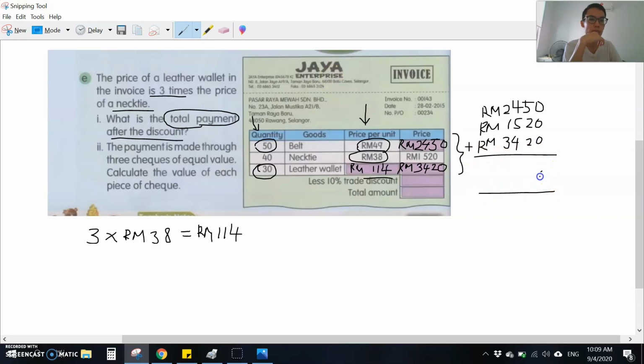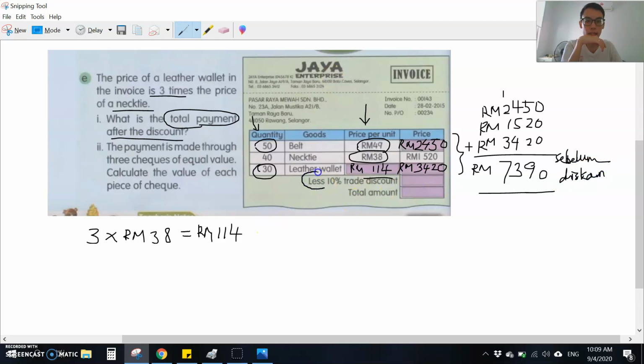Sum it up. Total is 7,390. This is before discount. Sebelum discount.